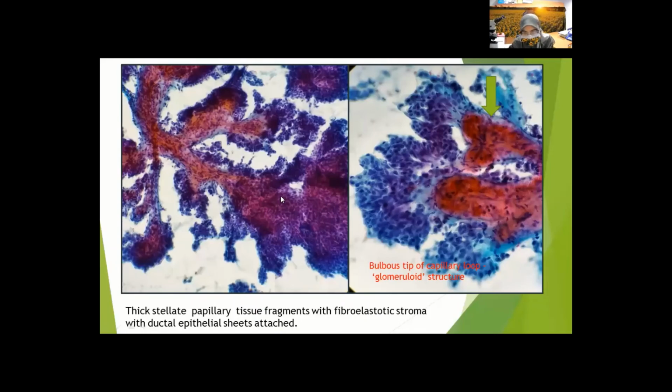Under higher power, in the other view, we can see a bulbous tip of capillary loop, called a glomeruloid-like structure. Then the covering cells on top are quite bland looking and don't show any significant pleomorphism.